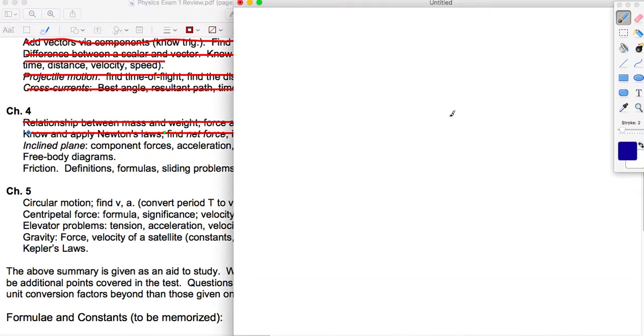Free body diagrams, let's go over that really quickly, which I went over in one of my videos. But for example, a box, right, and a surface right here. What are the forces acting on it? Well, force of gravity is going down, right? And the way I do this, the forces are always acting on the center of mass of the body. Normal force is going to go up.